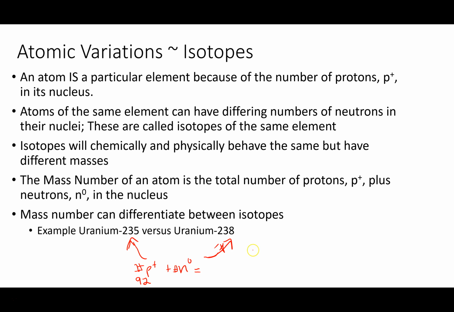So this one over here must have 146 neutrons in its center. And this guy must have 3 less, so 143 neutrons. See how that works? It's a little bit of detective work based upon knowing its mass number and what mass number means. And you know it has 92 protons because it's uranium.